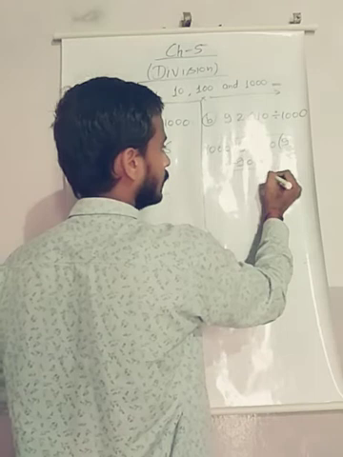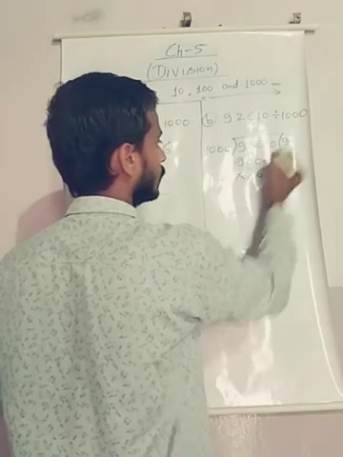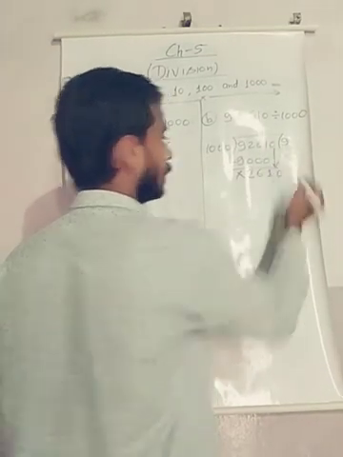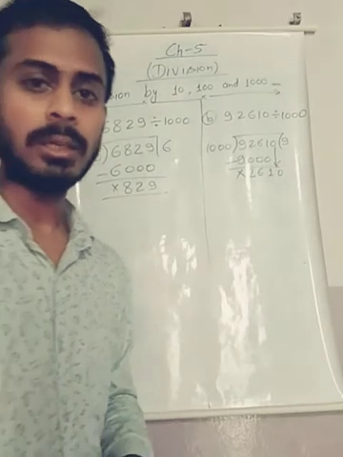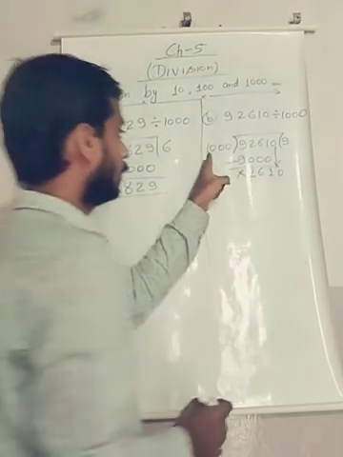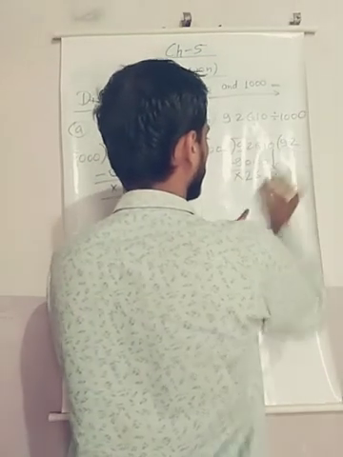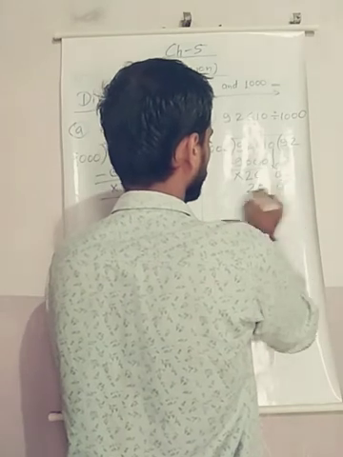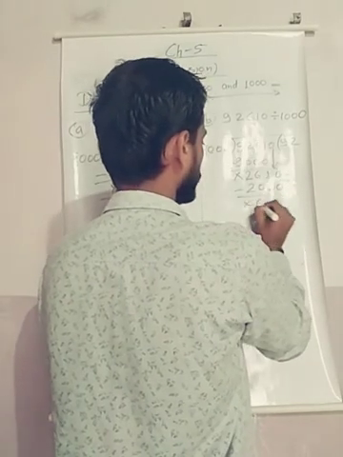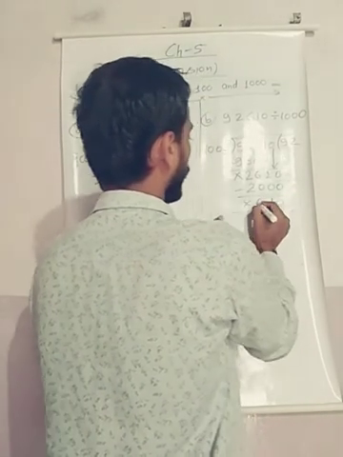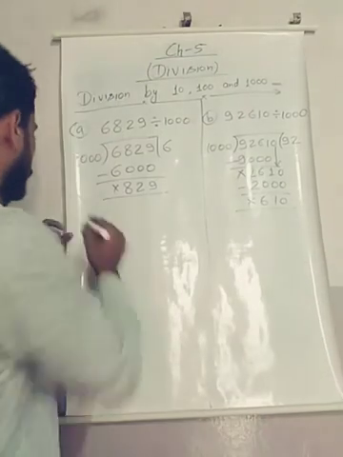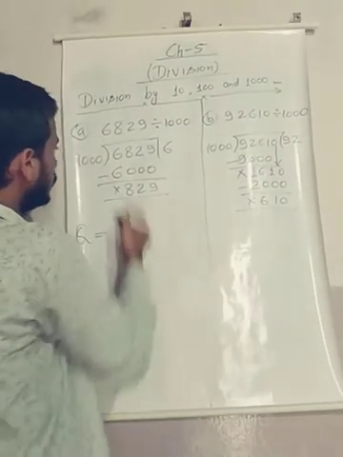Now 1, 6, 2. After taking this 0, it becomes 2,610. Now divide. 1000 twos are 2,000. Now we will get 610 as remainder.